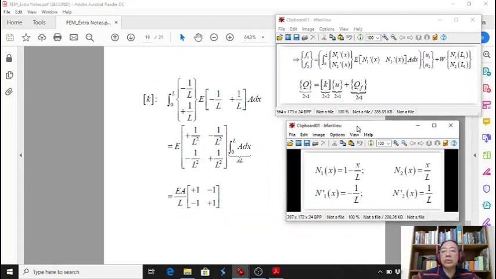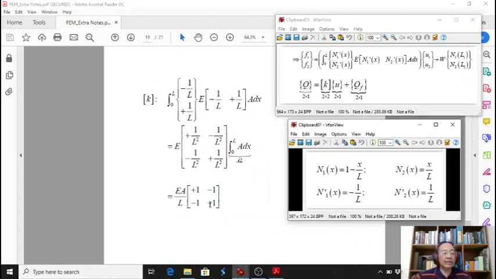Okay, so go to the next slide. This is how to find K. So K is equal to this term. We integrate from 0 to L. N1 prime and N2 prime are given here.